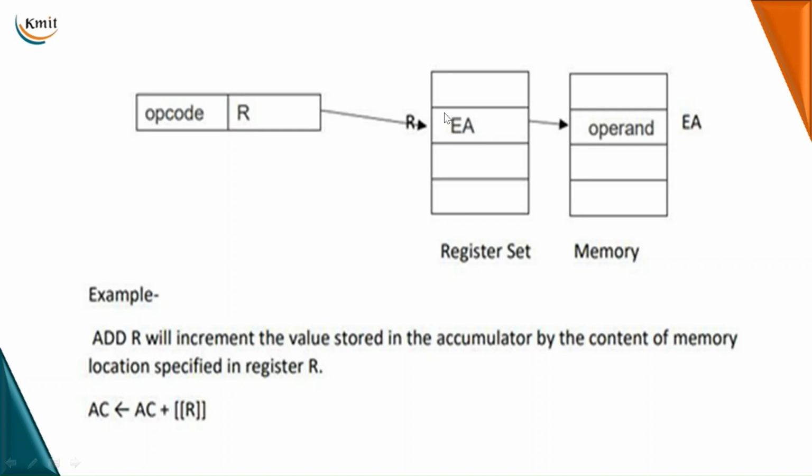It contains the effective address, the address of the memory location. Say I have the value 100 here. If I access the 100th location of my memory, I will get my actual operand. In the previous register direct addressing mode, the register contains the actual operand, but in this case the register stores the effective address. Using the effective address, you can access the memory location to get the actual operand. This is called the register indirect addressing mode.